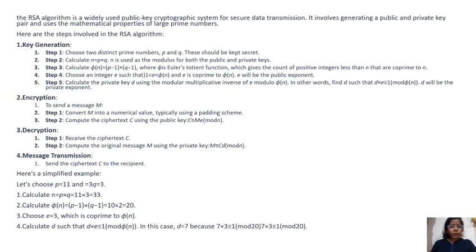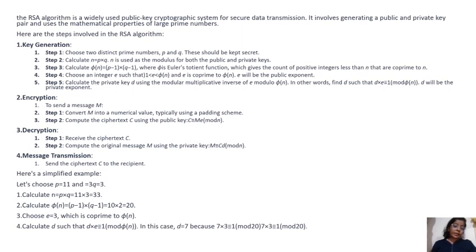In the fifth step, calculate the private key d using the modular multiplicative inverse of e modulo phi of n. In other words, find d such that d into e equals 1 mod phi of n. d will be the private exponent.